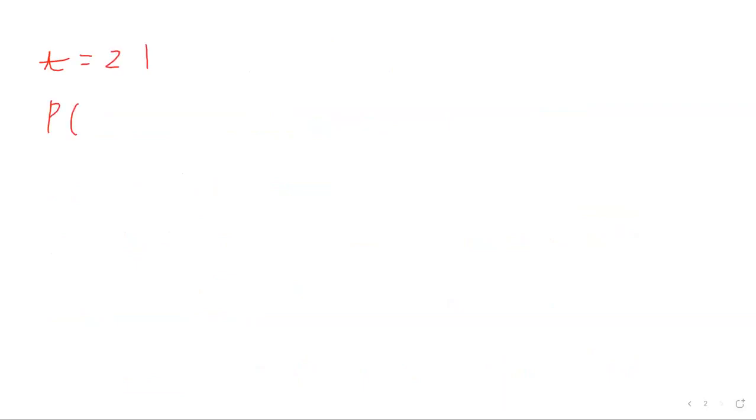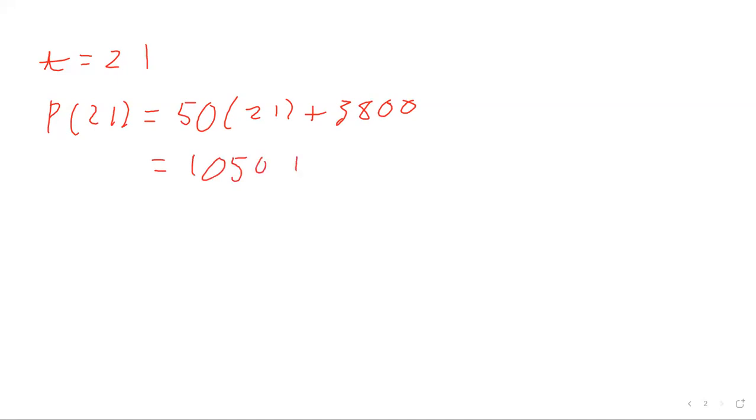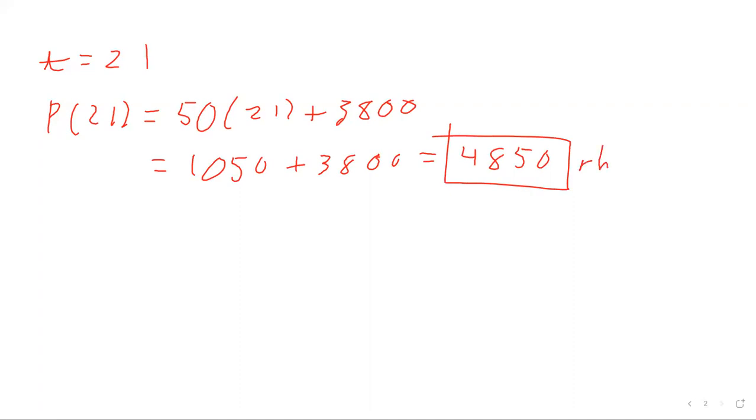Therefore P of 21 is 50 times 21 plus 3,800. 50 times 21 is 1,050, plus our 3,800. Therefore, 4,850 rhinos in the year 2021.